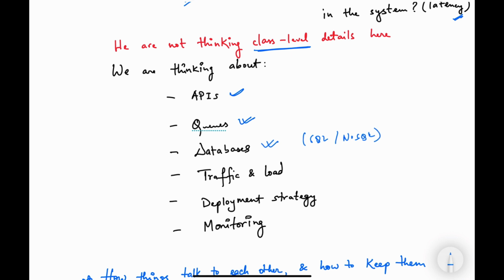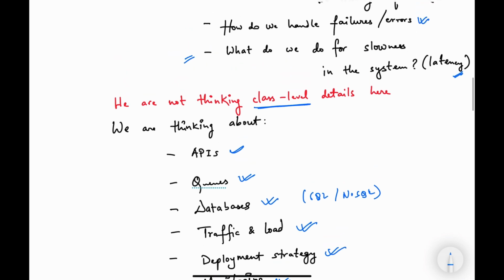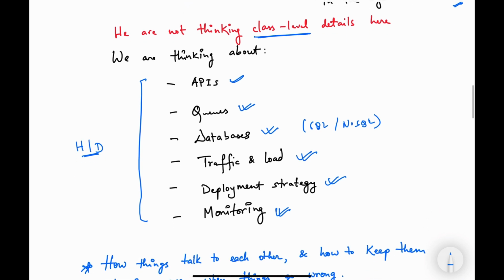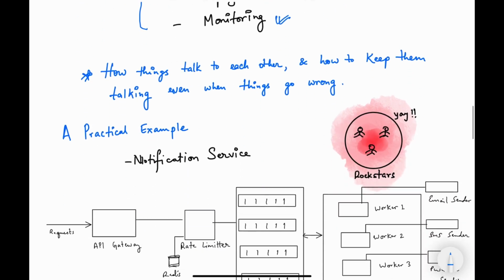How are we managing the traffic and the load? How are we deploying our changes? How are we monitoring our servers so that we can be responsive and handle failures and errors gracefully? All these points are covered in the high level design of a system. So this is the direction in which we should think whenever we talk about high level design of a system.